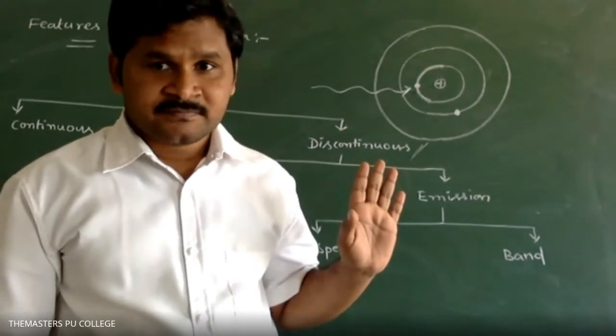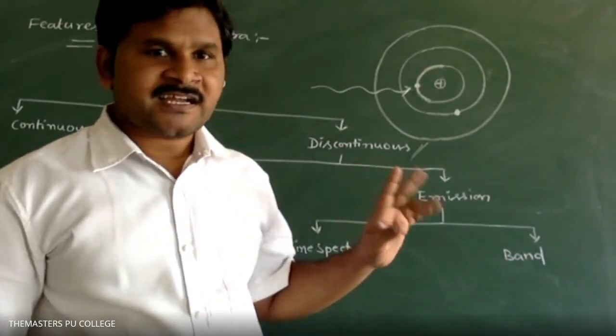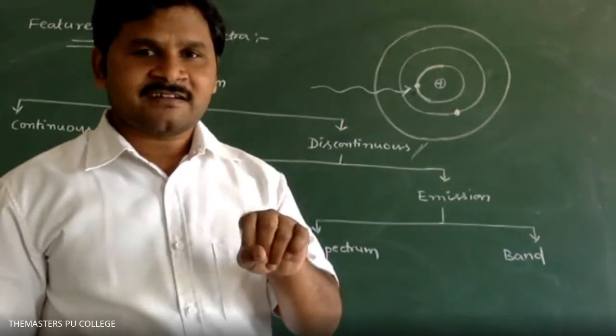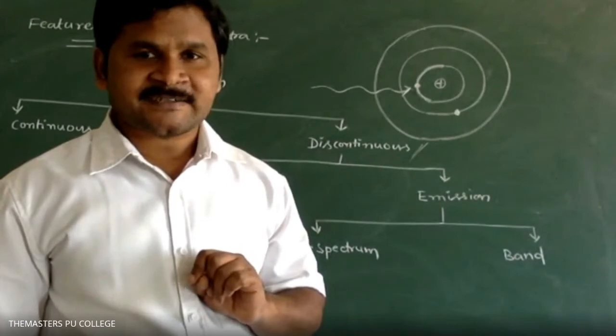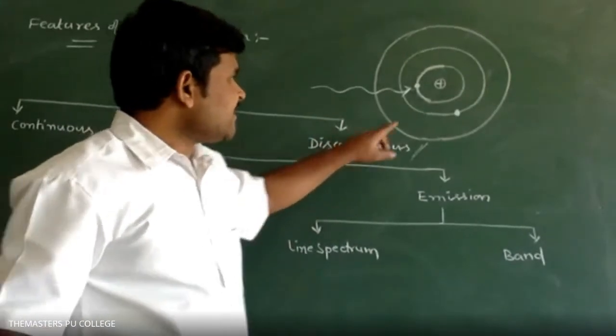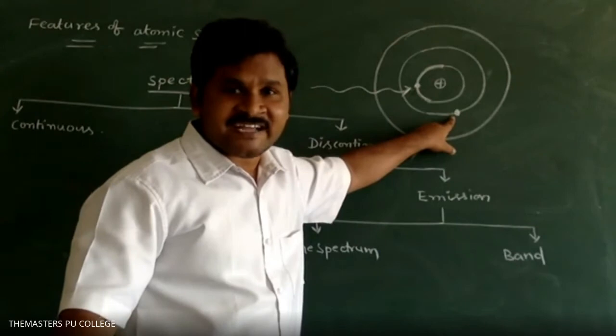Clear? Any doubt in excitation and de-excitation? Here the electron is shifted from a lower energy level to a higher energy level. Is it excitation or de-excitation? Excitation. Whenever this electron is excited, it absorbs a certain amount of radiation.